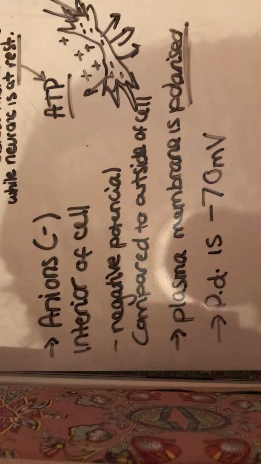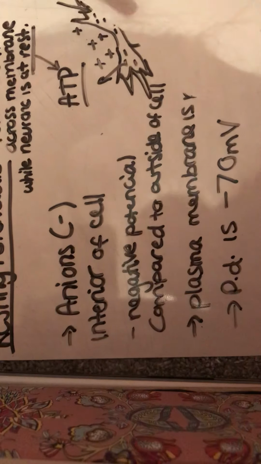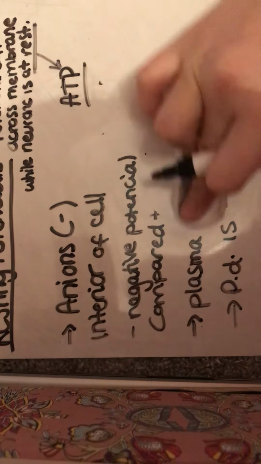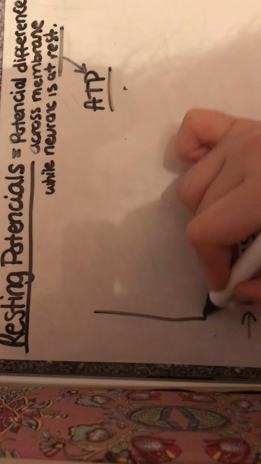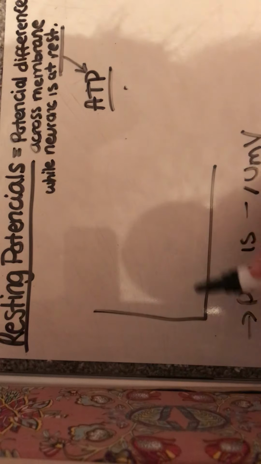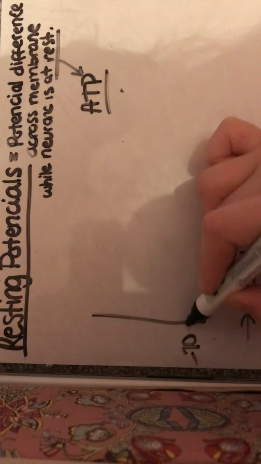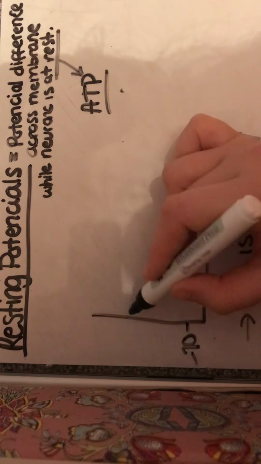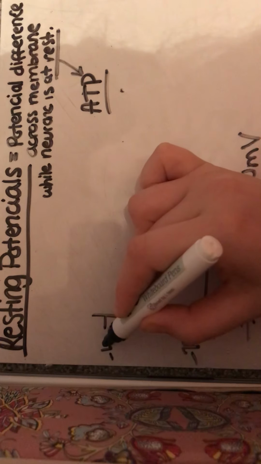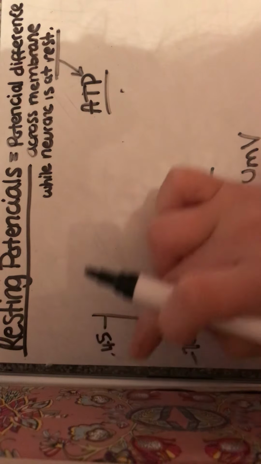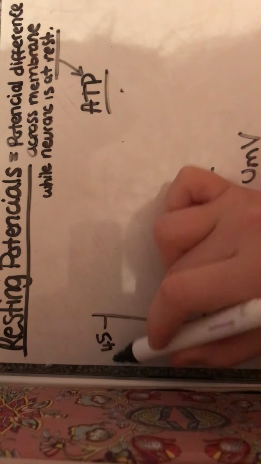So this would be, if we were to see it on a graph, to show you what it would look like, because they do often ask these questions when they're talking about action potentials. So we might start at minus 70 here, and then you might get to probably minus 45. I'm not sure if it's minus 45.